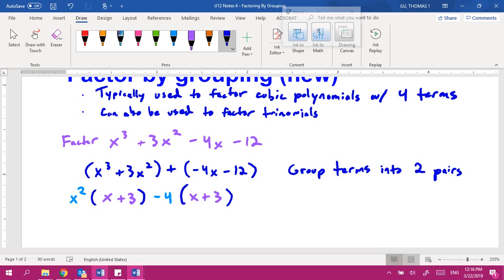You see how right now both of my parentheses say x plus 3? That's how you know that you've chosen the right number to factor out. The parentheses need to be the exact same. Otherwise, this doesn't work. So this step will factor out the GCF of each group.